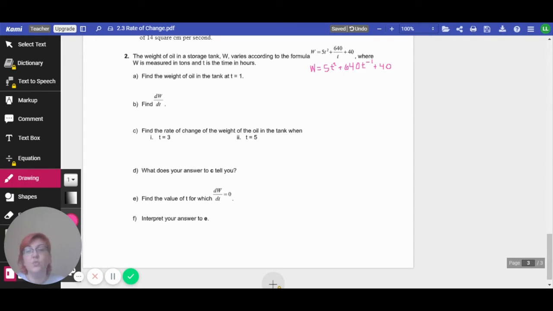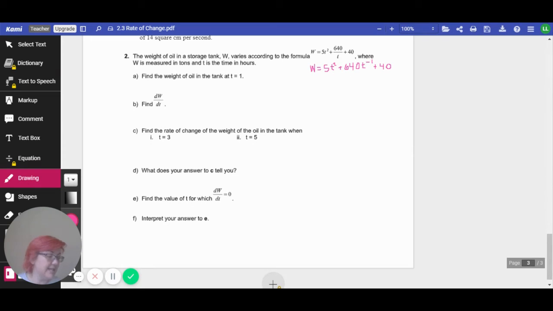All right, let's find the weight of oil in the tank at t equals 1. I'm going to do 5 times 1 squared plus 640 times 1 to the negative 1 plus 40.